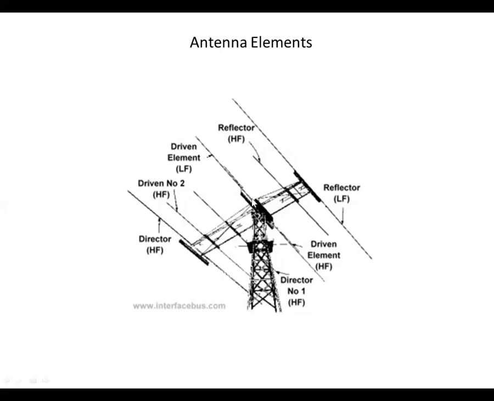So we're driving this element here. And if you remember Ampere's law, we put our right-hand thumb out, we can see that a magnetic field is going to be radiating from that antenna because of the current flow in the antenna, and it's going to be radiating around this element, and it will intercept this antenna, this reflector.